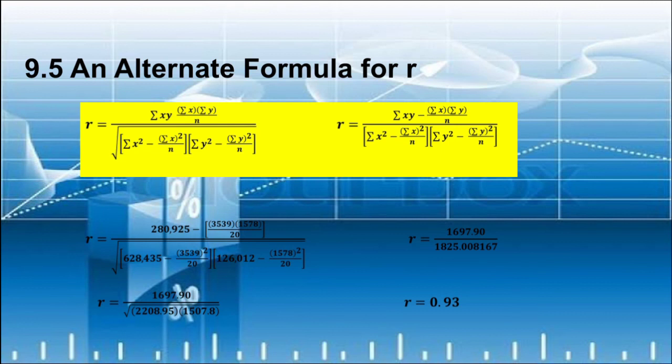Then r equals 1,697.90 over 1,825.008167. Dividing 1,697.90 by 1,825.008167, r is equal to 0.93.